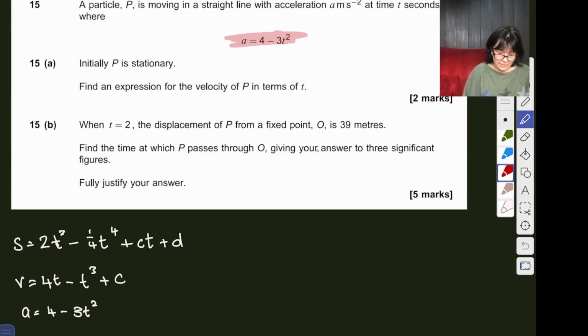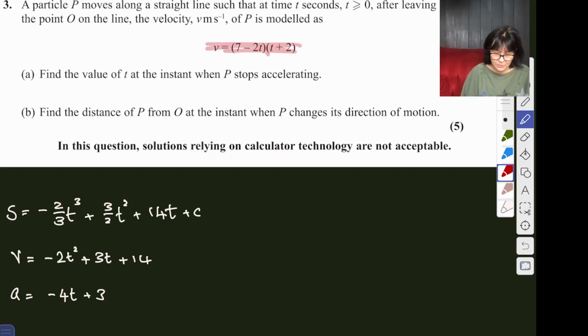Here's how we know it's variable acceleration. We don't have instantaneous rest or changes direction, and we're not asked to find a distance. This is how we know it's variable acceleration. We don't have instantaneously at rest, but we do have changes its direction of motion.